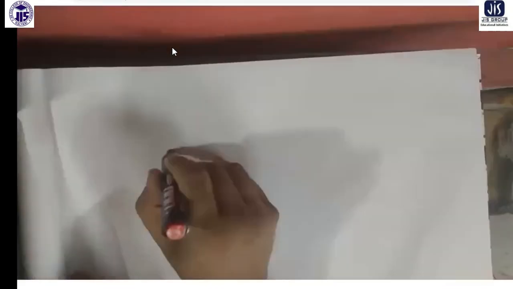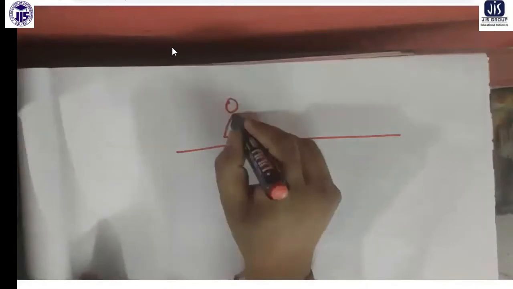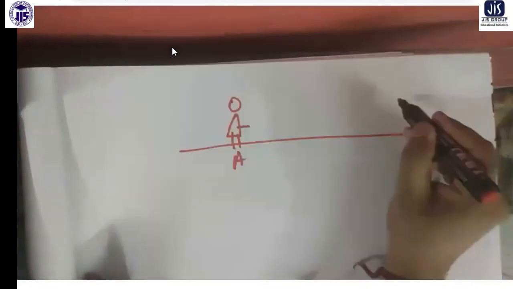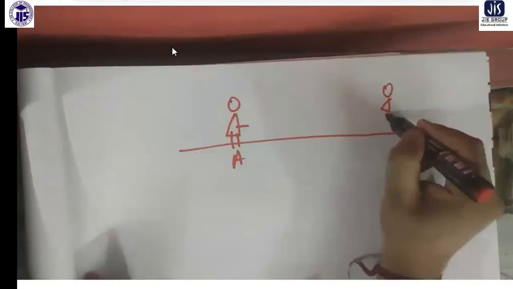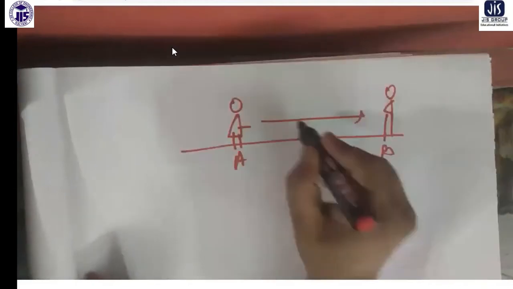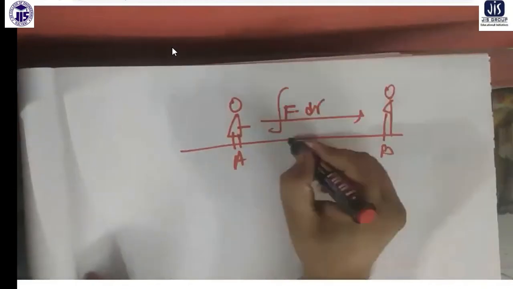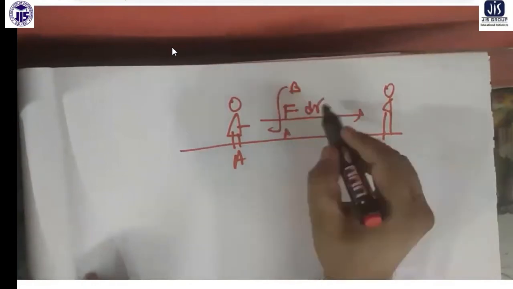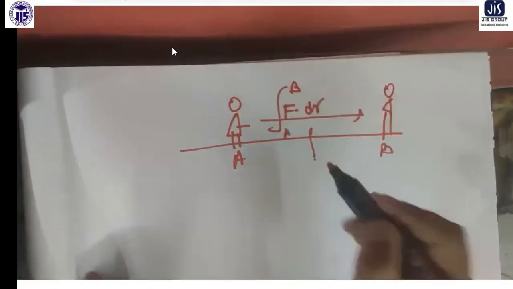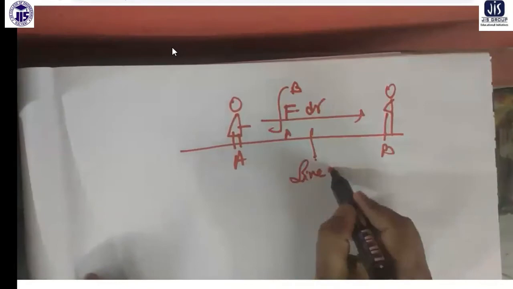suppose a person is walking from this point to this point. If he walks in this path, the amount of work done is also an integration from A to B. So this is an expression of the line integral over the linear path.